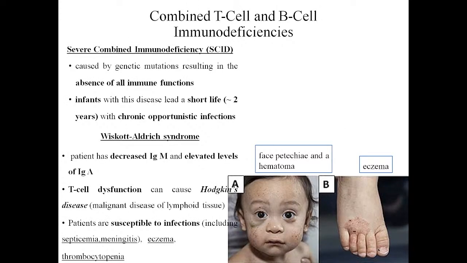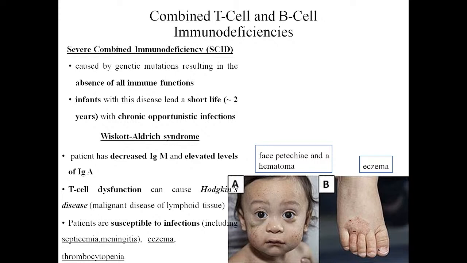Combined deficiency includes disorders in both T cells and B cells, and it includes such diseases as severe combined immunodeficiency and Wiskott-Aldrich syndrome.